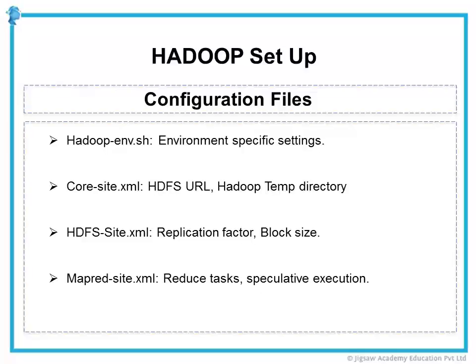This contains HDFS settings such as default replication factor, the block size, and whether permissions are enforced. And finally, there is mapred-site.xml. The MapReduce settings such as the default number of reduce tasks, default min tasks, max tasks, memory sizes, speculative execution, etc. are all set here.